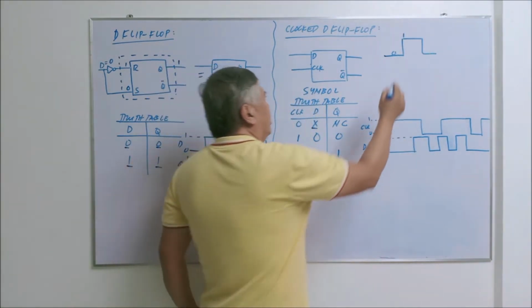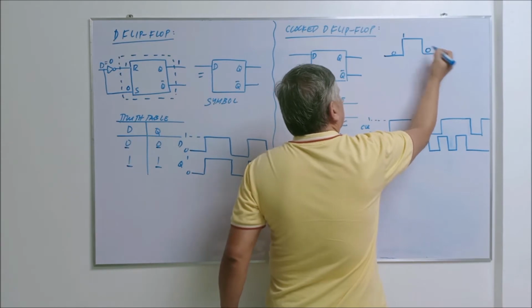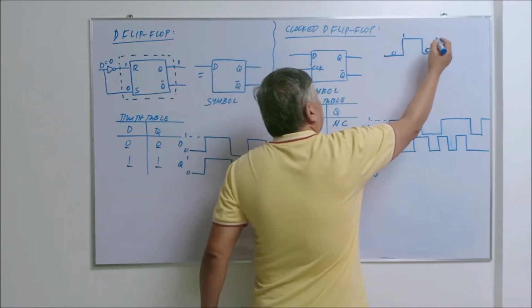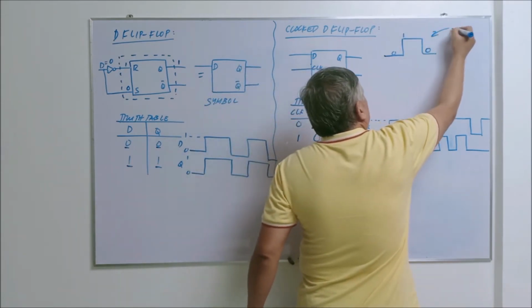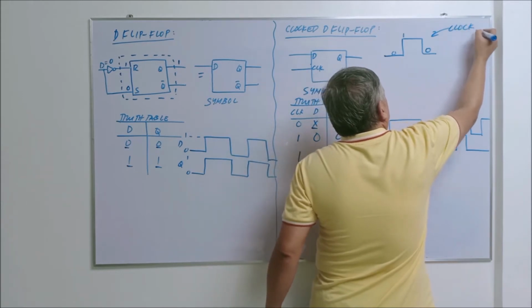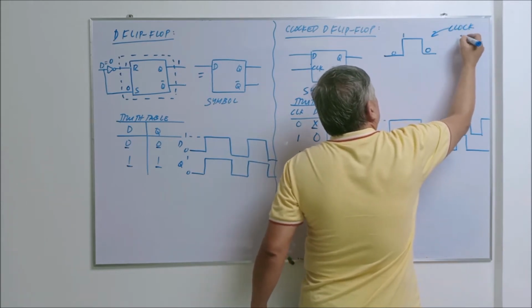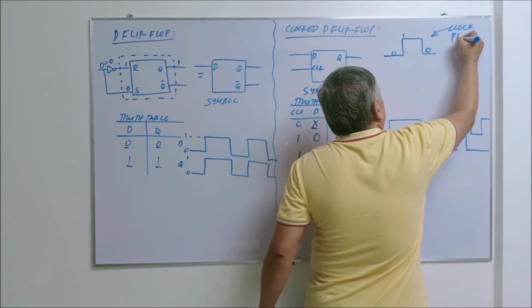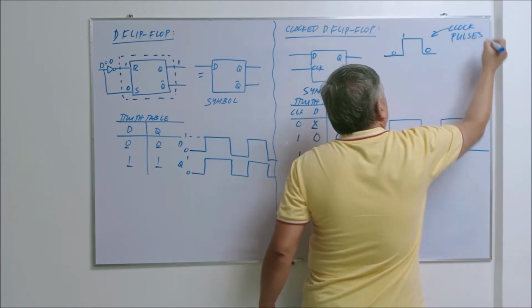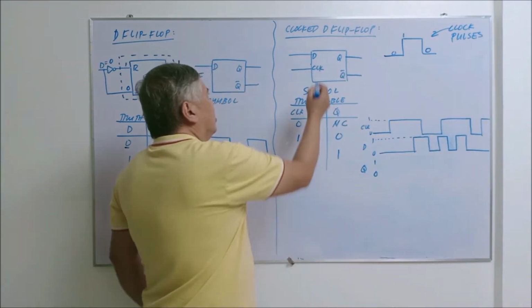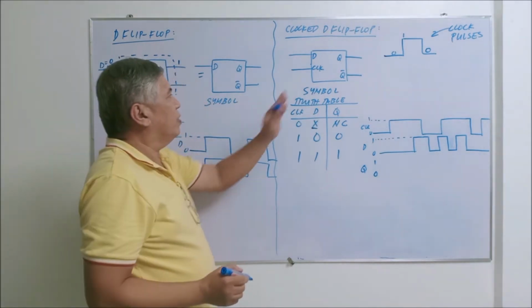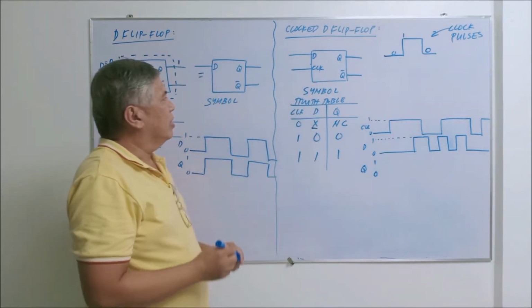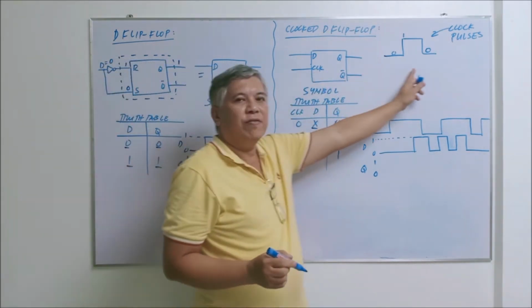Then it goes down to 0. So this is the timing or the pulse for your clock, or this is what we call the clock pulses, no? Okay, and that is where the clock receives its value.